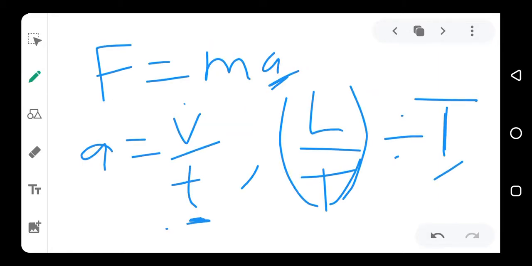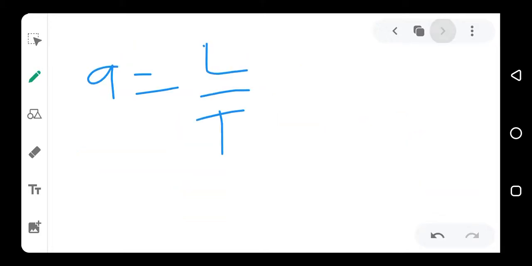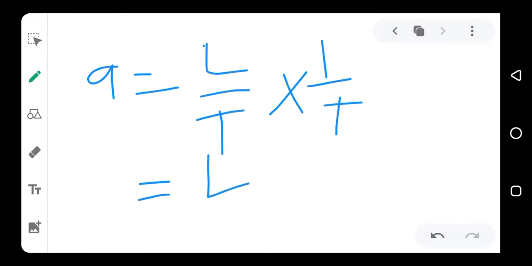This is over 1. If we want to convert this division to multiplication, we invert it, and so we have L over t multiplied by 1 over t, which is equal to L over t squared. This is the dimension of acceleration.